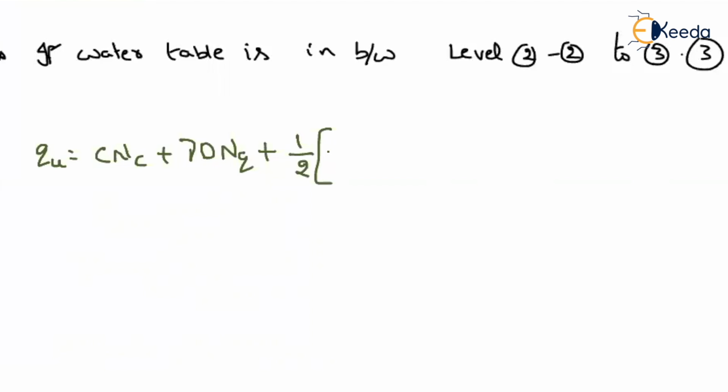So wherever you have the dry condition, take the dry unit weight. In the portion where there is a water table, take the submerged unit weight. Up to a depth of B minus B1 we have the dry state, that's why B minus B1 into gamma, plus up to a depth of B1 our soil is saturated, that's why B1 into gamma dash into N gamma. So this is the bearing capacity equation if your water table is in level 2 to level 3.